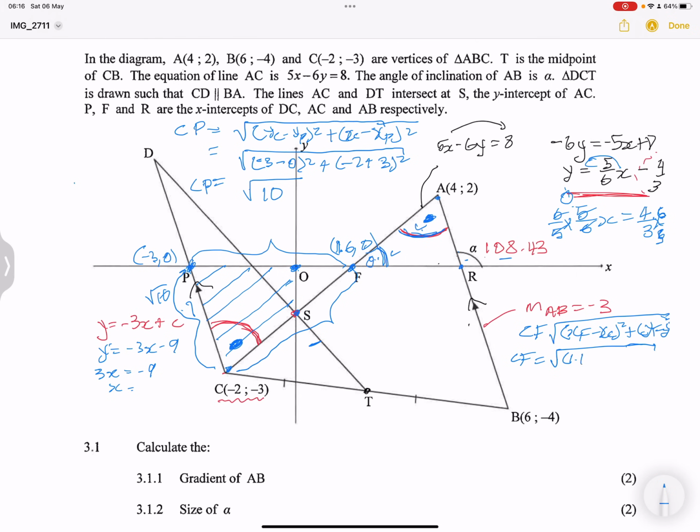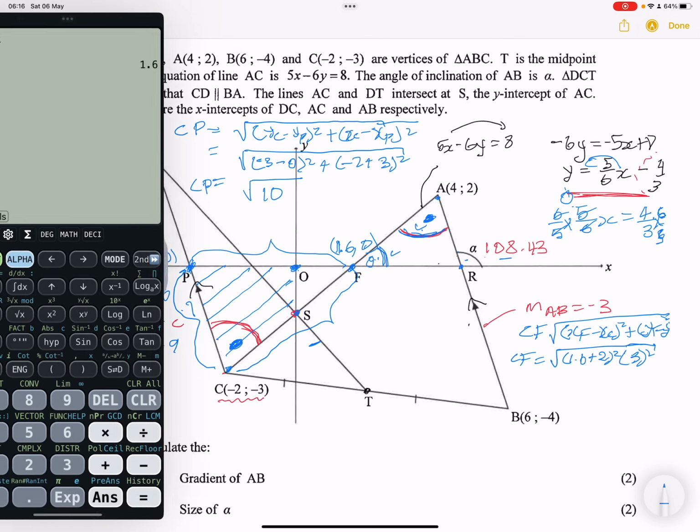So we said 1.6 minus XC, which is negative 2. So that would be minus a negative 2, which is plus 2, squared. And the y value, you've got 0 minus a negative 3, which is going to give us a positive 3. So I'm just going to substitute those values, ladies and gents, for the sake of time.